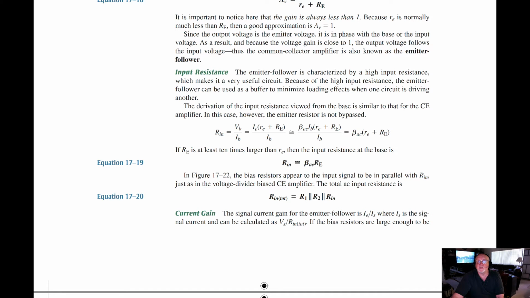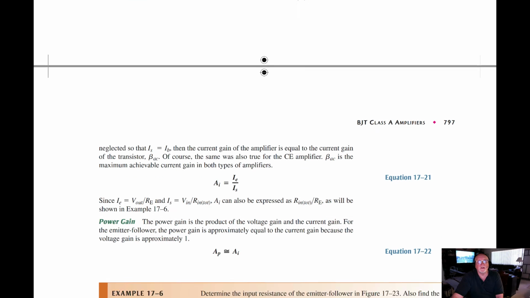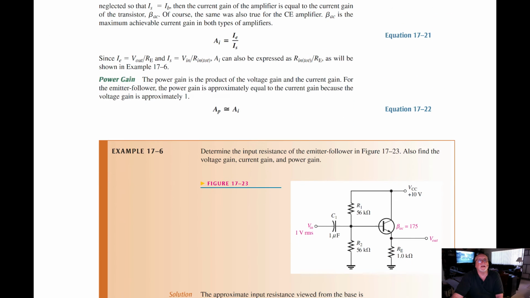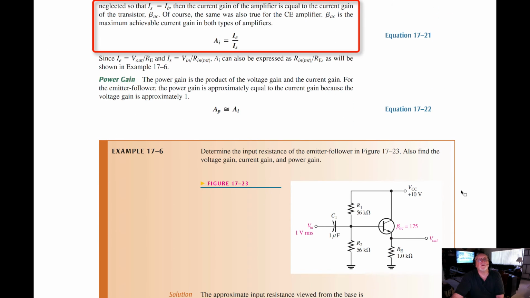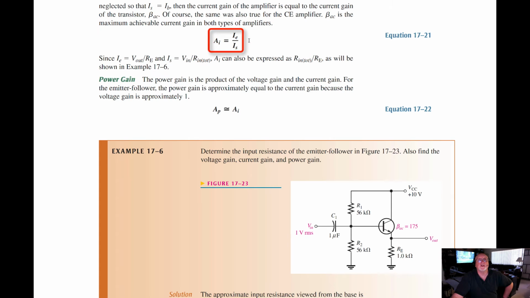If the bias resistors are large enough to be neglected so that I sub s equals the base current, then the current gain of the amplifier is equal to the current gain of the transistor, beta AC. Of course, the same was true for the common emitter amplifier. Beta AC is the maximum achievable current gain in both types of amplifiers. So this is good for both.